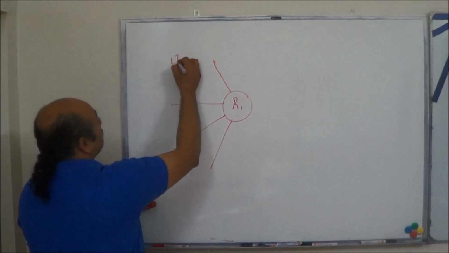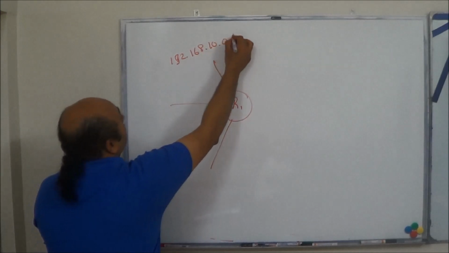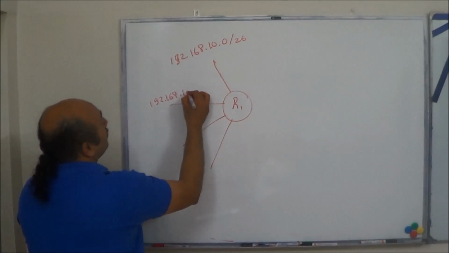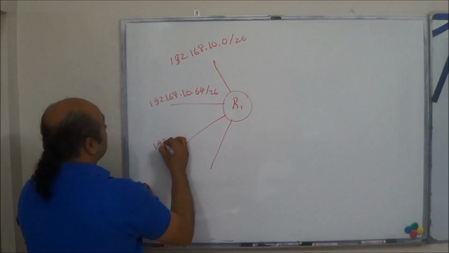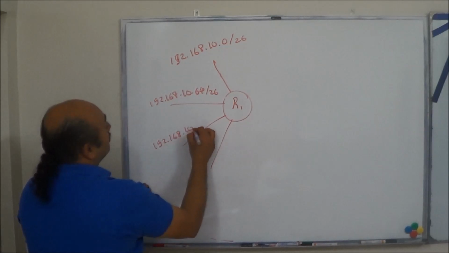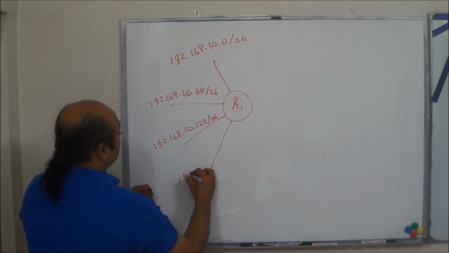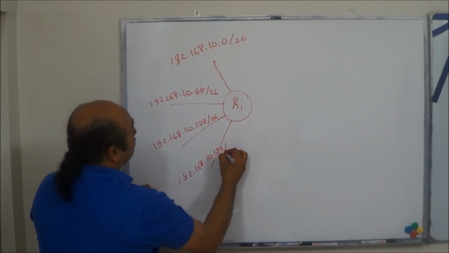What is this? 192.168.10.0/26. 192.168.10.64/26. 192.168.10.128/26. And 192.168.10.192/26.